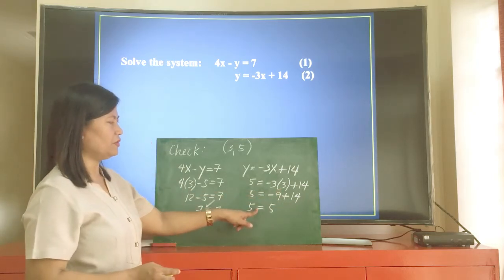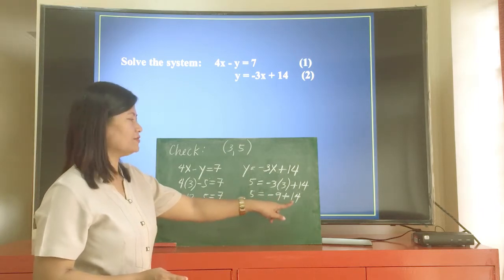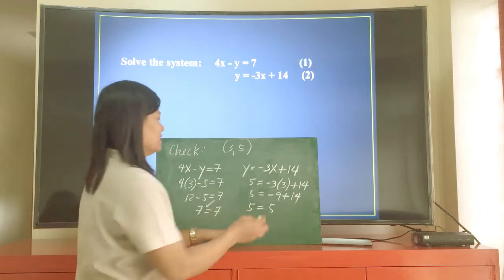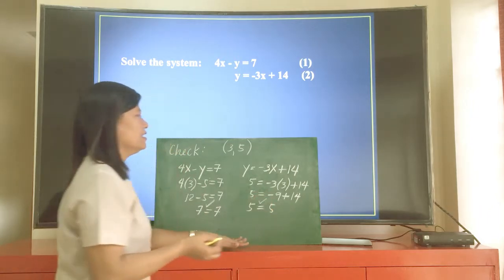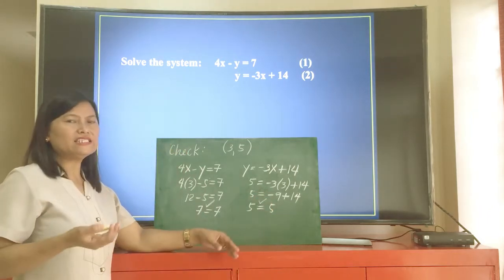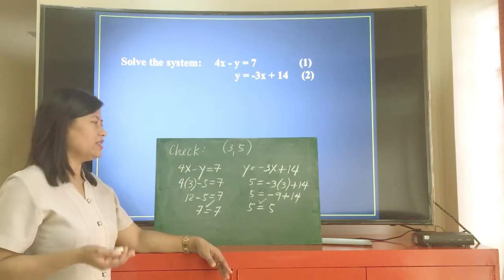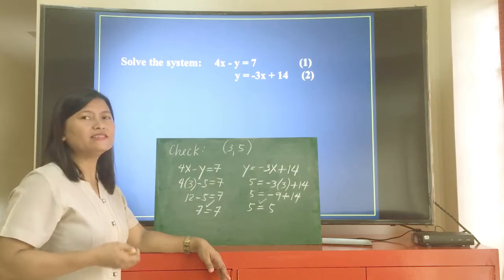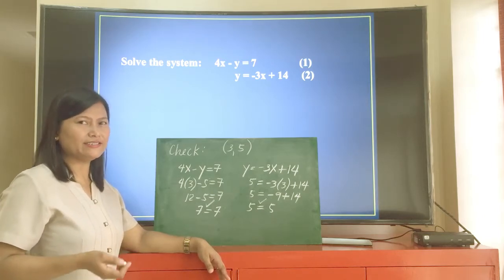Copy 5 equals negative 9 plus 14, which is 5. Do we have a true statement? Yes. (3, 5) satisfies equation 1 and equation 2. Therefore, (3, 5) is the solution of the system.